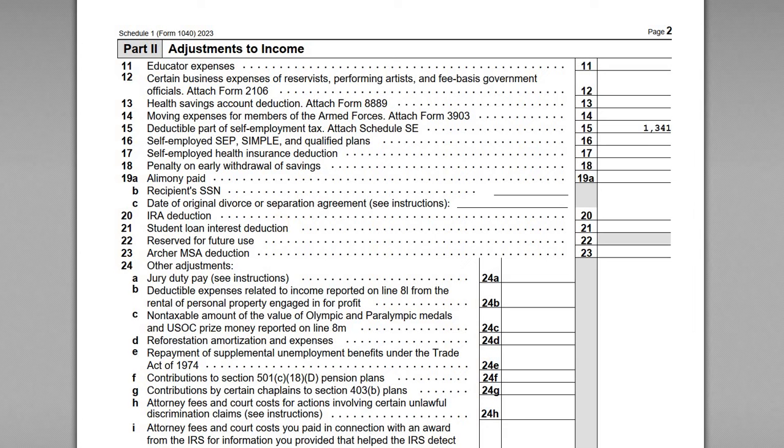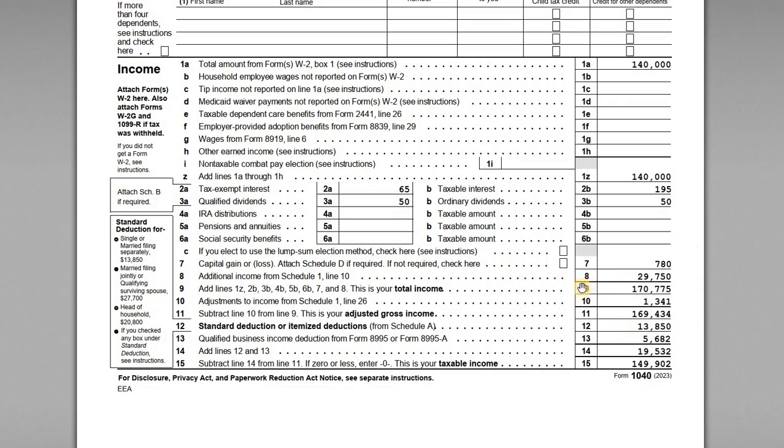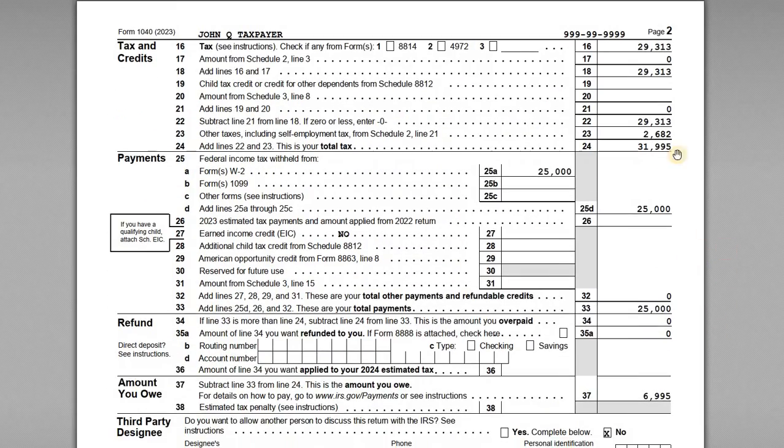So once the totals from Schedule 1 and 2 are completed, on Schedule 1 we input those adjustments here on line 8, so we can see the total amount of self-employment income coming through from Schedule C. And then again on Schedule 1, line 10 from Schedule 1, line 26, we have the deduction for 1/2 of that self-employment tax. And then the actual self-employment taxes on our earnings, $2,682, is reported on line 23, right? And that's coming from Schedule 2, line 21.